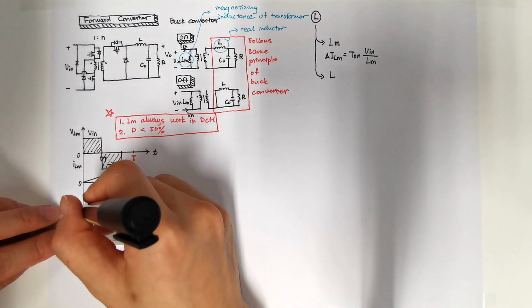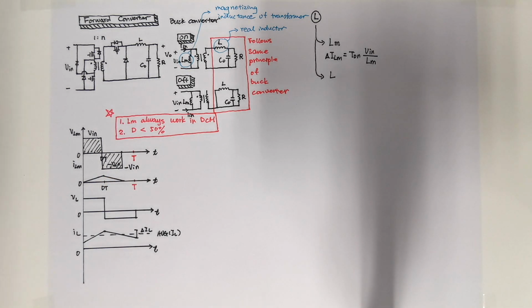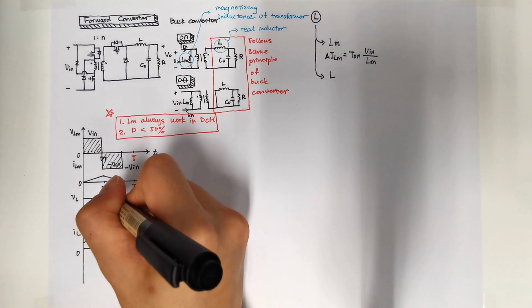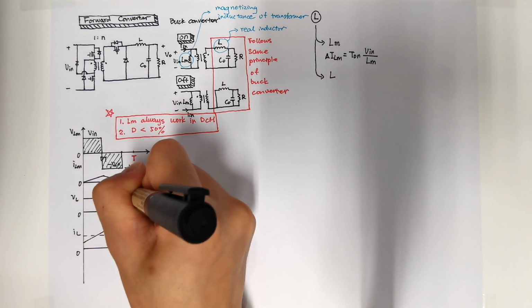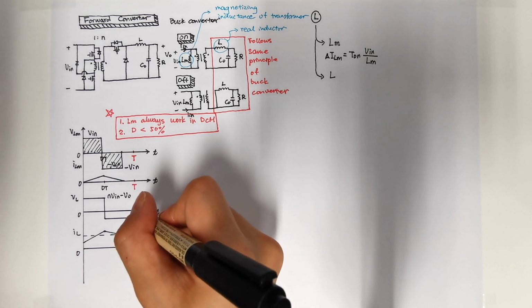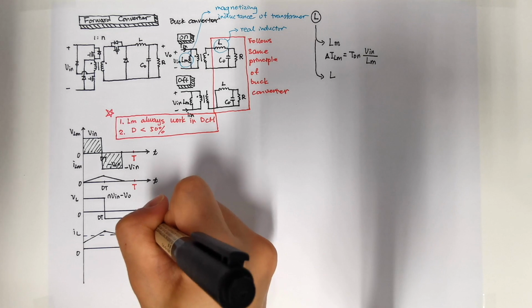Let's first plot the voltage waveform and current waveform together. So in the on state, our voltage on the inductor is N times Vin minus Vout, and in the off state, it's minus Vout.